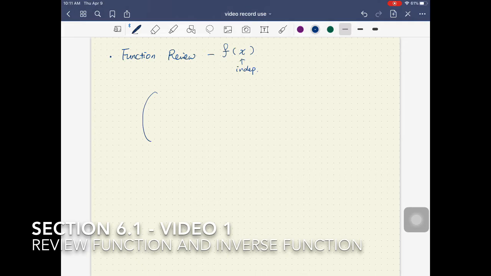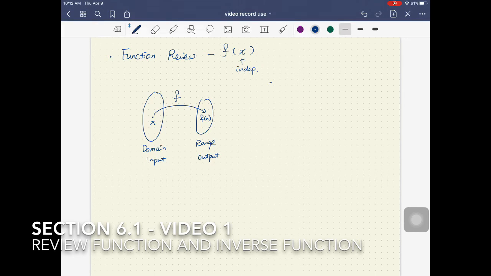When we're talking about a function, you can think of it as a machine taking the input, which is the domain, and transporting it to become an output, which is the range. Not everything can be a function.